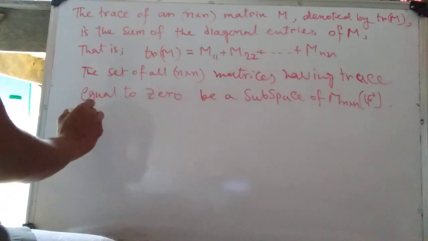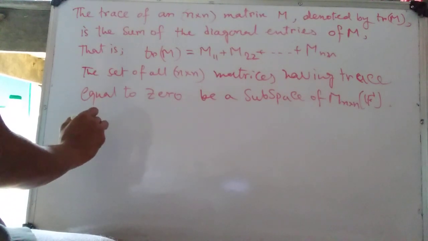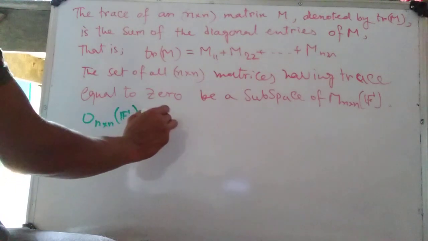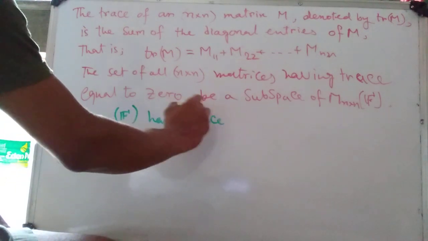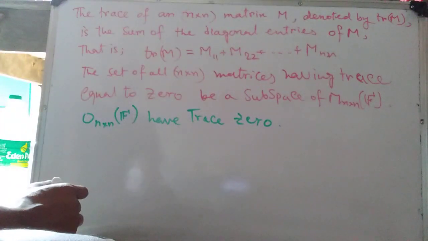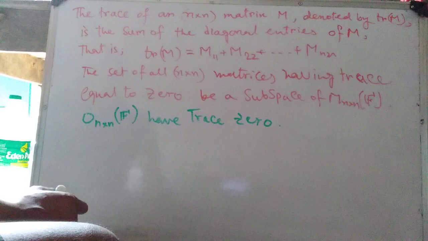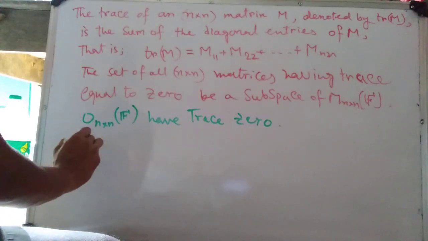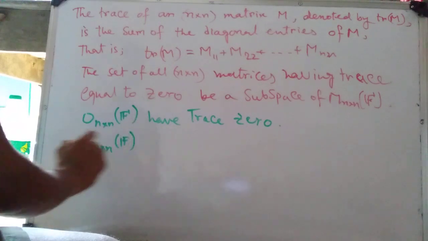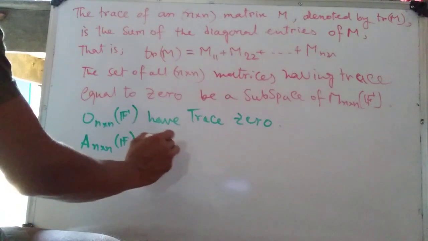Obviously the 0 n cross n matrix over F has trace 0, so it obviously belongs to this set.